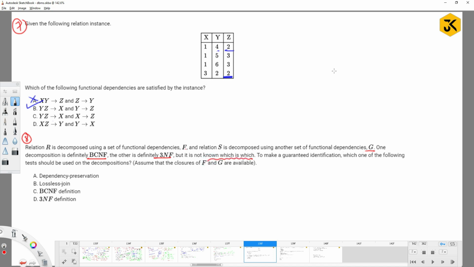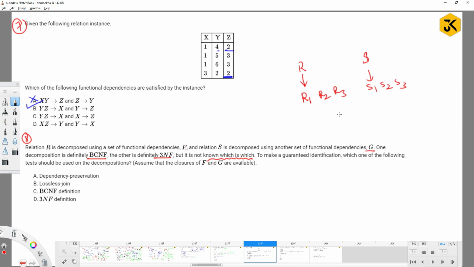It means they have given a relation R with the help of some set of FDs, decomposed into a set of relations like R1, R2 and R3, assume that, right? And there is one more relation S, decomposed into S1, S2 and S3 with the help of some set of functional dependencies.